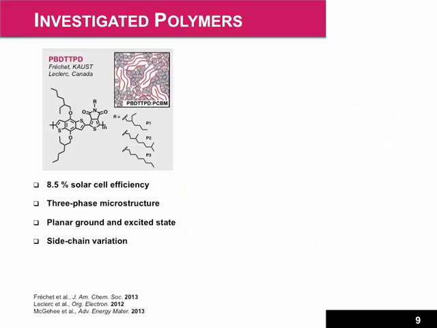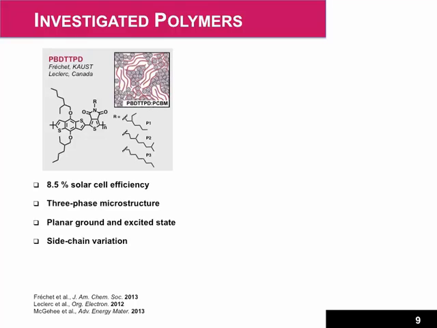So let me now come to the results. We investigated two systems. One comes from Canada, actually in a collaboration with Mario Leclerc. It's called PBDTTPD, and it's a very good solar cell material. It can get up to 8.5% efficiency. It's known that it has a three-phase microstructure from an independent X-ray diffraction study.